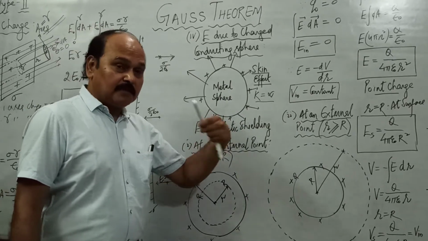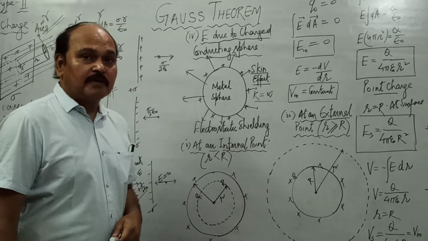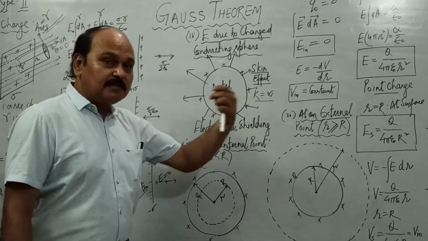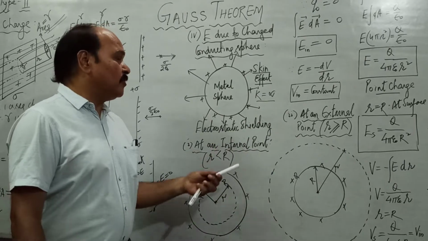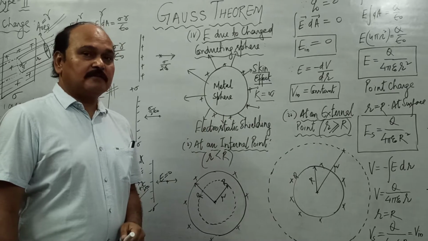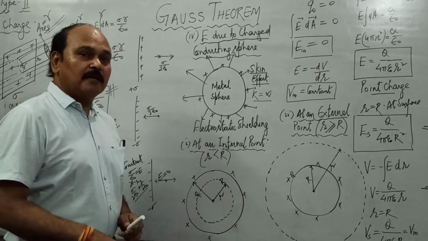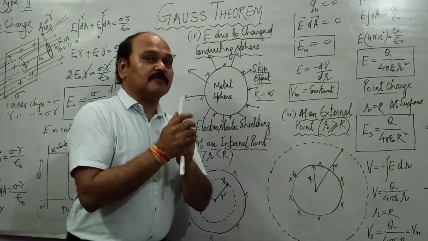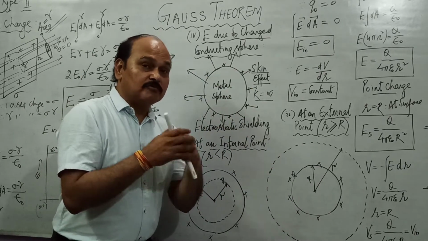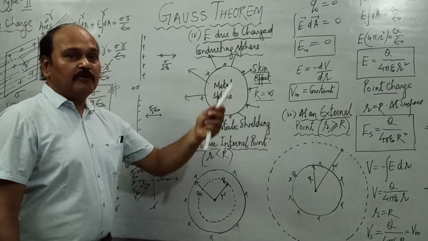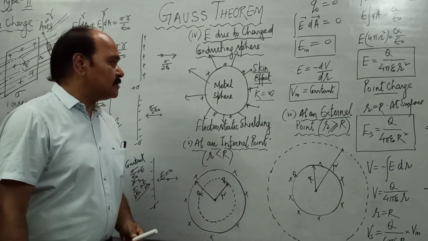This ability of conductors is called skin effect. And why is this ability? This ability is simply because metals have infinite dielectric constants. So over every metal, when charge is given, it always resides over its outer surface due to skin effect, and the skin effect is because of the infinite value of the dielectric constant of metals.